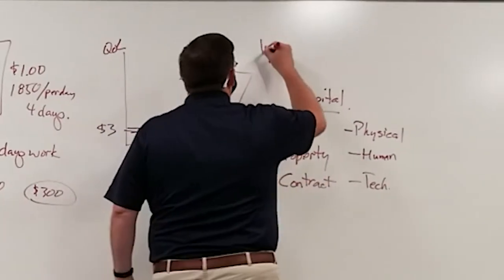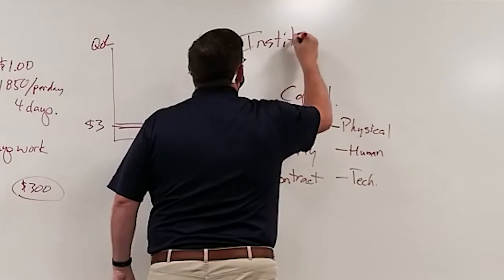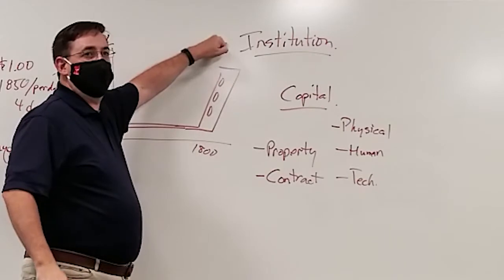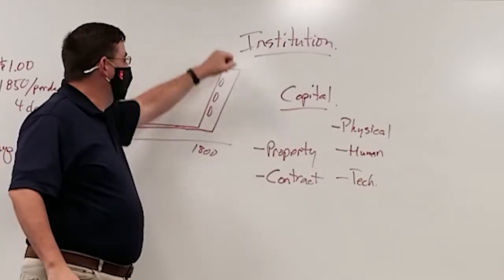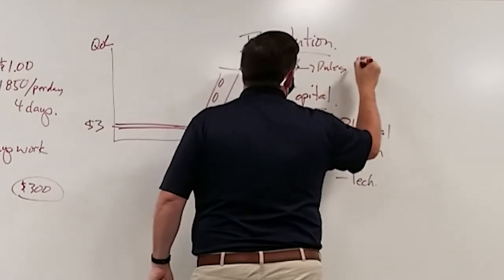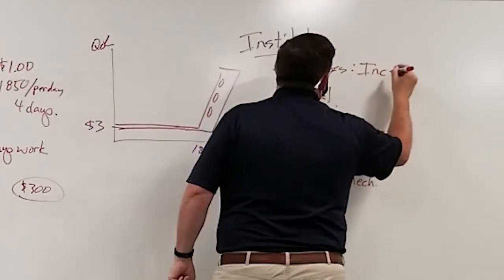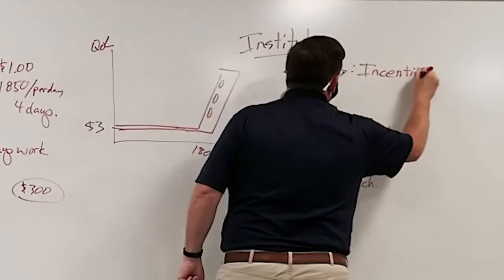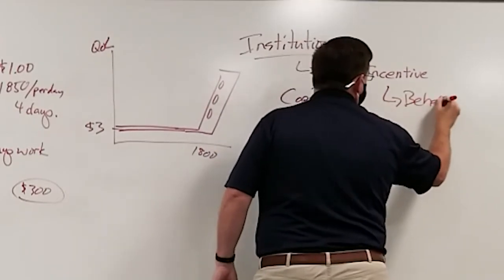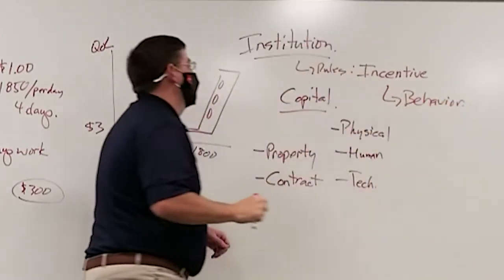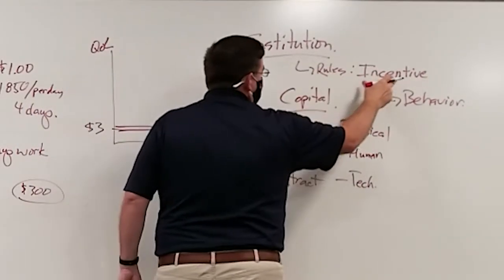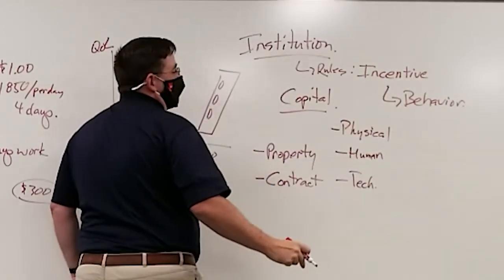We need some sort of an institution that we collectively agree to that then generates rules that are incentive compatible with human behavior. So the institution makes the rules. Those rules generate incentives for how people are going to behave.